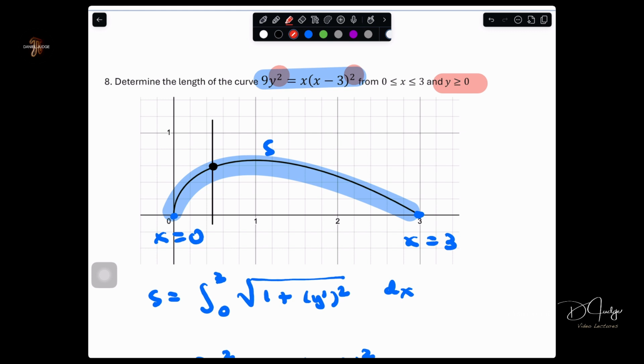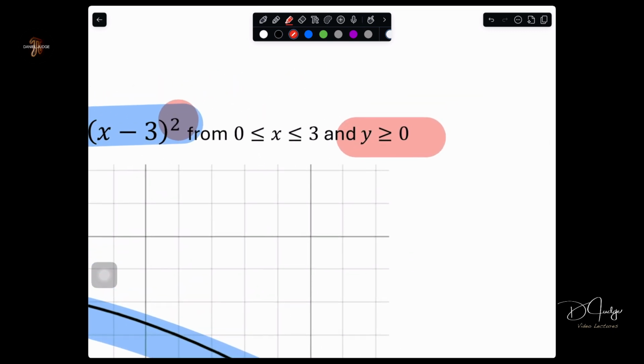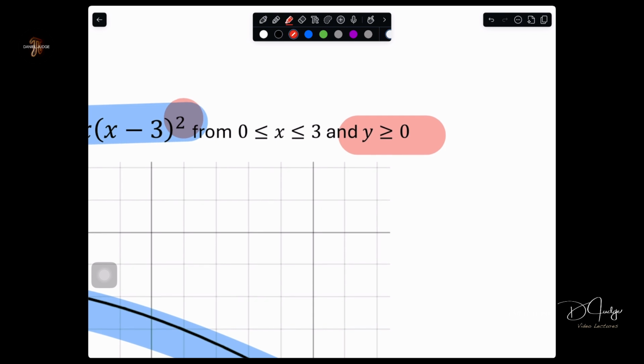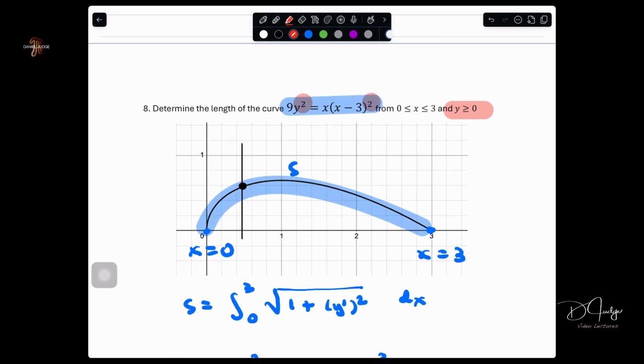So they only gave us part of a relation by restricting the domain for x to be 0 to 3 and y to be positive or 0. So this is a restricted domain for a relation.